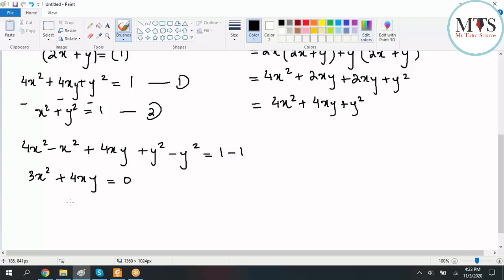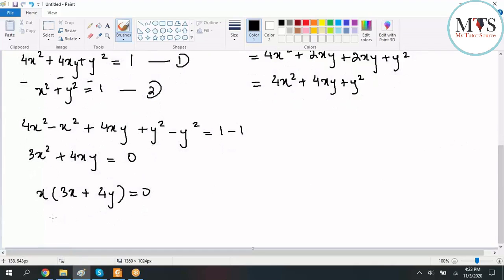You get it? Yeah, I get it. So we take x common: x times 3x plus 4y equals 0. So that's 3x equals negative 4y, and x equals negative 4 over 3 y.